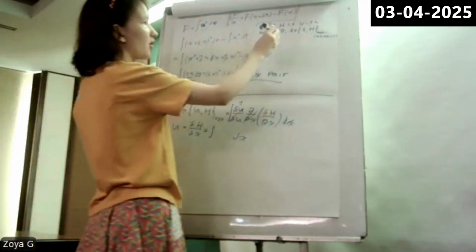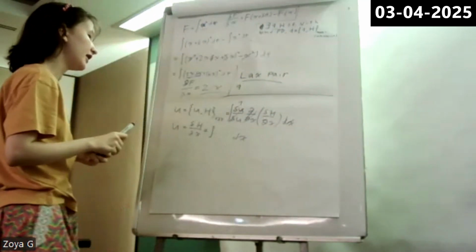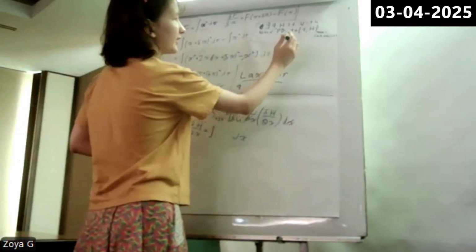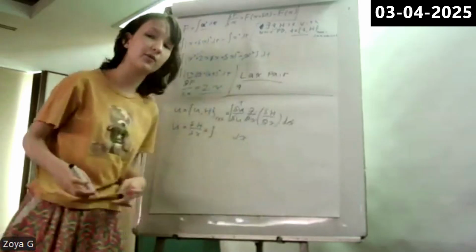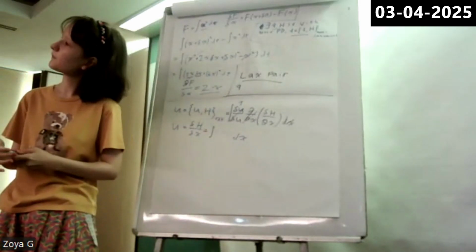So this is a Lax pair, right? Q and H is a Lax pair. Do you notice any similarities between this thing right here and everything we just talked about? I sure do.